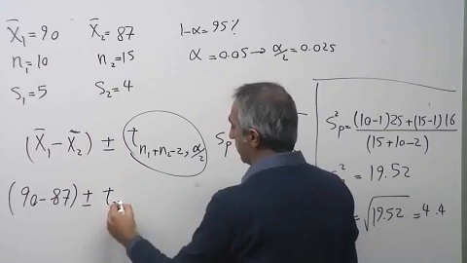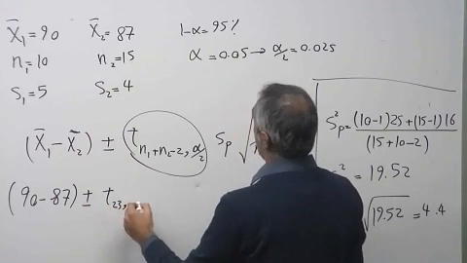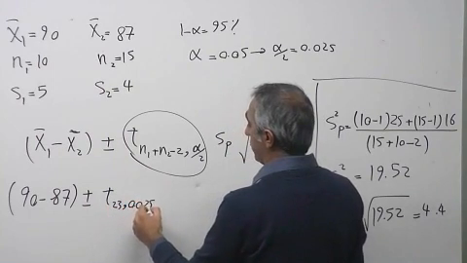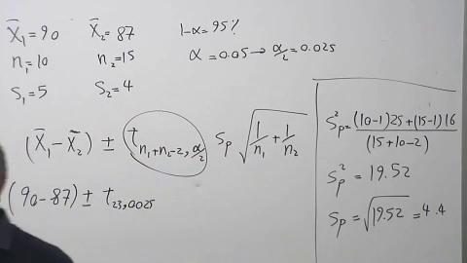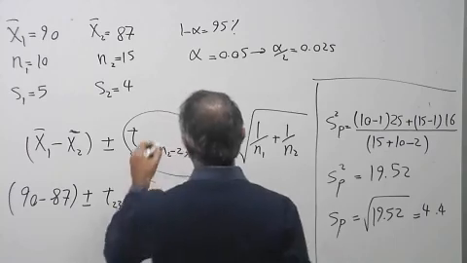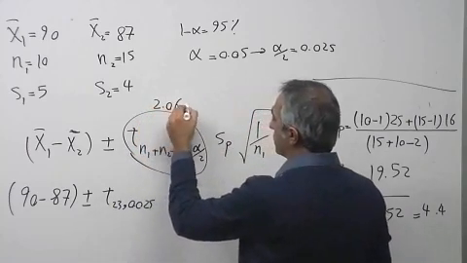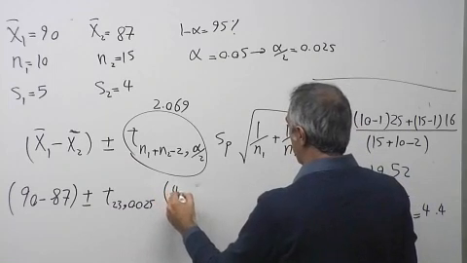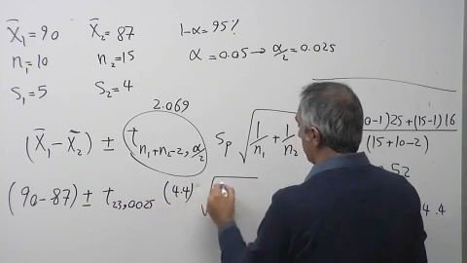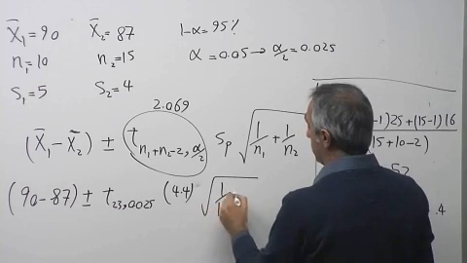So T of 23 and 0.025 is 2.069. This is from the table. SP is 4.4, times square root of 1 over 10 plus 1 over 15.